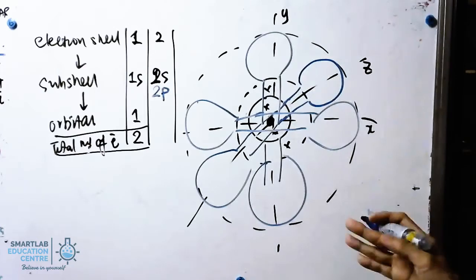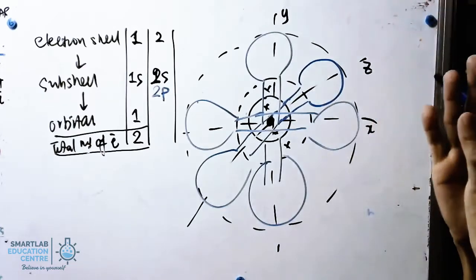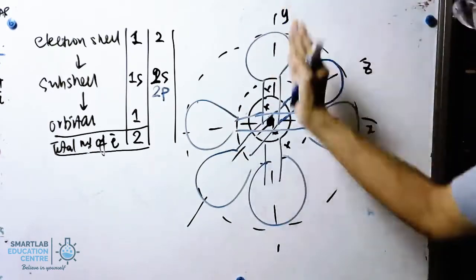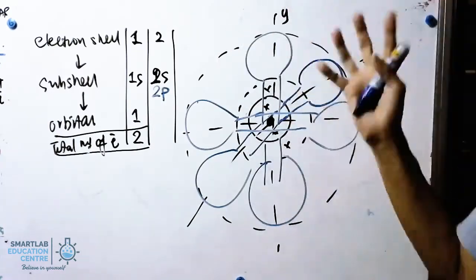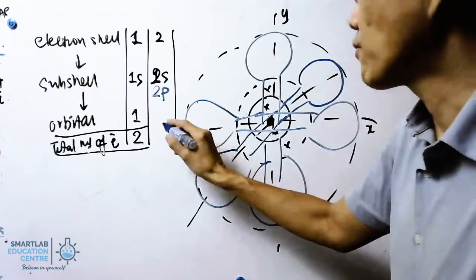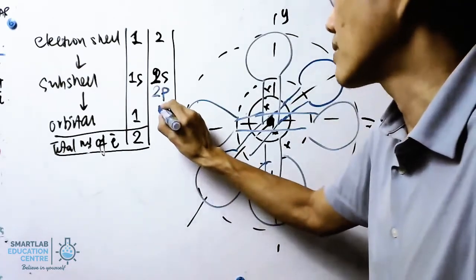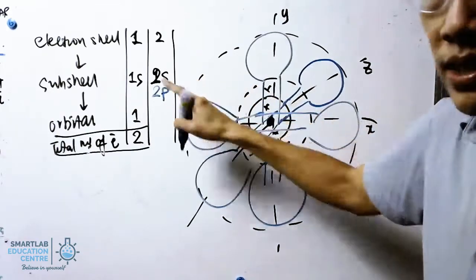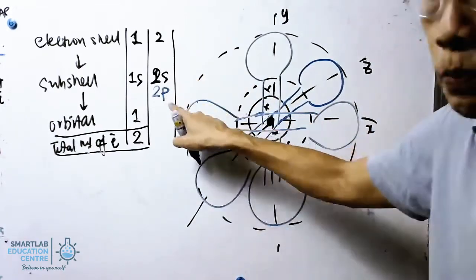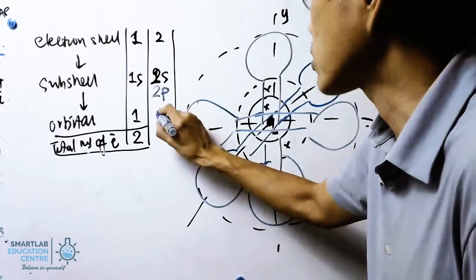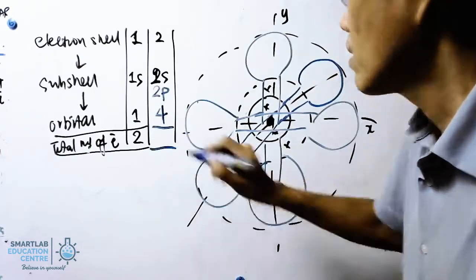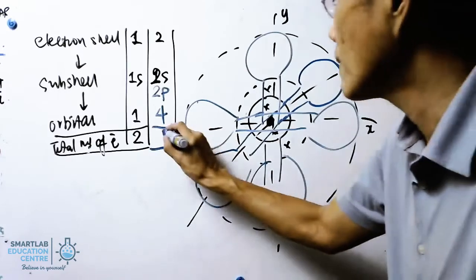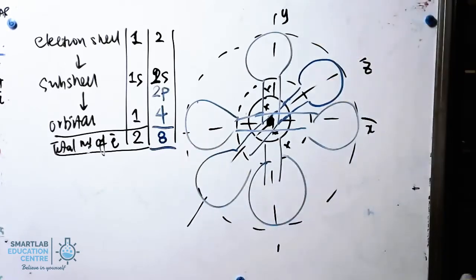More importantly, you realize that for this 2p subshell, there are 3 orbitals because there's plenty of space to fill up. Therefore, in total, for 2s, there's one orbital, 2p has 3 orbitals, so in total, there are 4 orbitals. Because there are 4 orbitals, and each orbital holds 2 electrons, the total is 8.